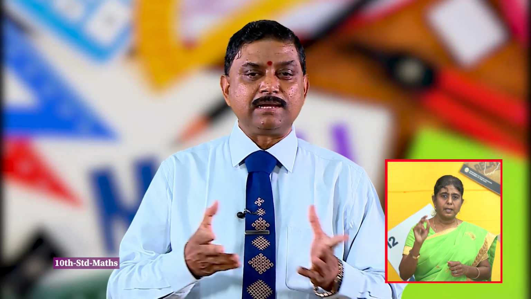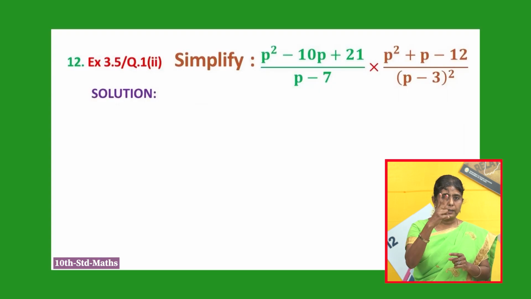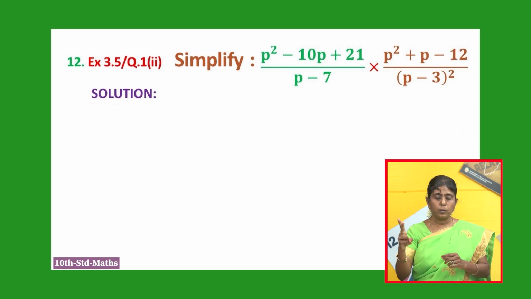Exercise 3.5 question 1 subdivision 2 is again a multiplication of the two expressions. But both expressions are having 2-degree polynomial or quadratic polynomial in the numerator. So those two quadratic polynomials should be factorized.